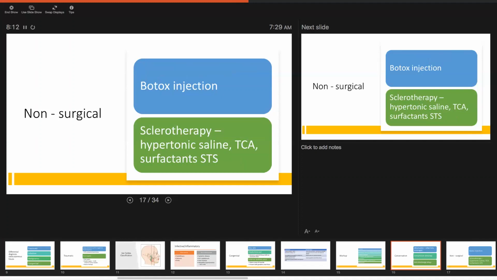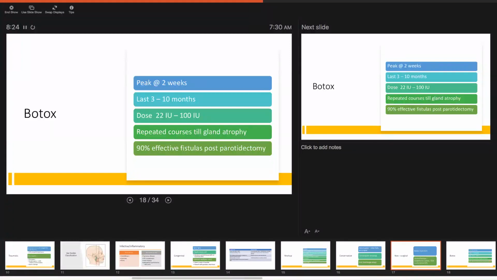Non-surgical options include Botox injection and sclerotherapy, with hypertonic saline, trichloroacetic acid and surfactants. Botox seems to be currently the most used. The peak effect is at 2 weeks after injection. It lasts anywhere from 3 to 10 months, depending on multiple factors.